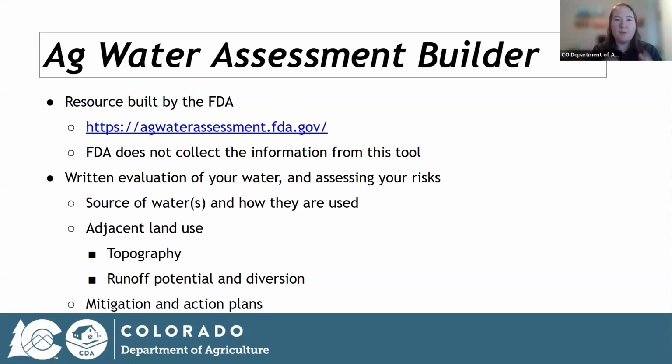So keep that in mind as well, if you use both surface and well, that you would have to do two different ones, or if you use two different irrigation ditches, or different water companies or anything along those lines, that you would have to do an assessment for both or all.